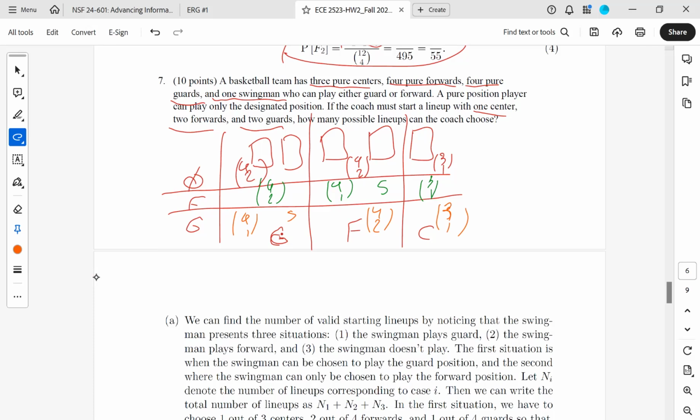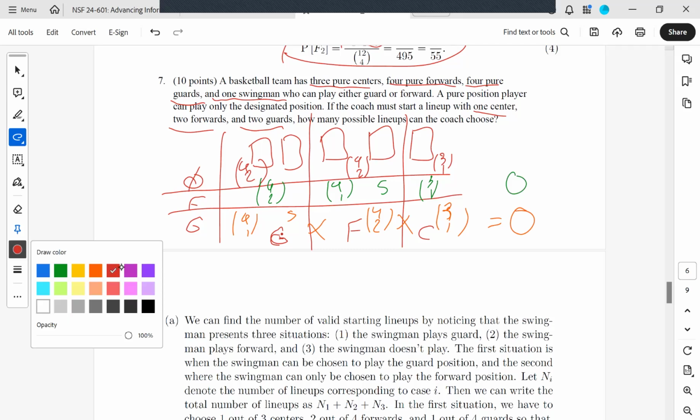Okay, so what is the number of lineups in each condition? Multiplication, because this is a sequence of choices. So this number here is the multiplication of these combinations. It's the number of combinations that you could line up in this condition. Same goes with that one, and same goes with the first condition.